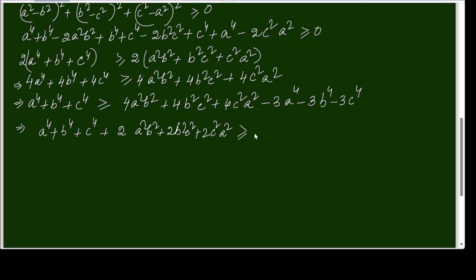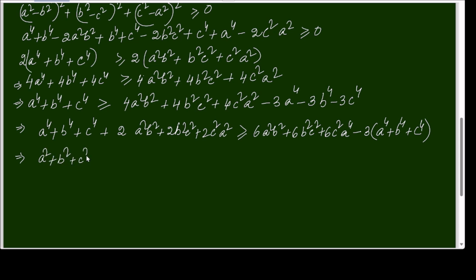So on the right side I'll get 6a square b square plus 6b square c square plus 6c square a square minus 3 times a^4 plus b^4 plus c^4. So on the left side I am getting a square plus b square plus c square, whole square.